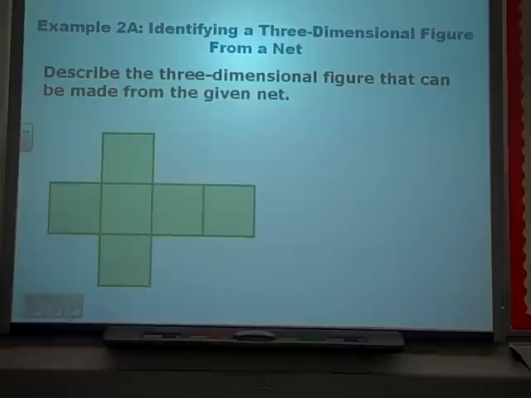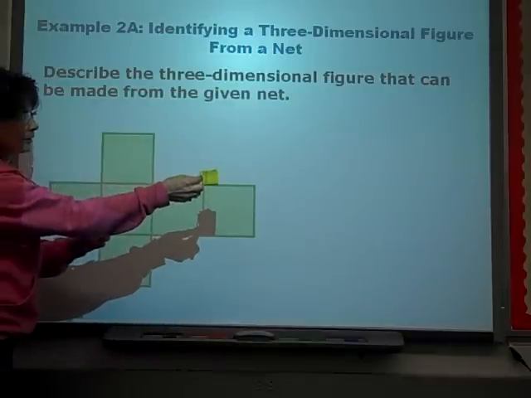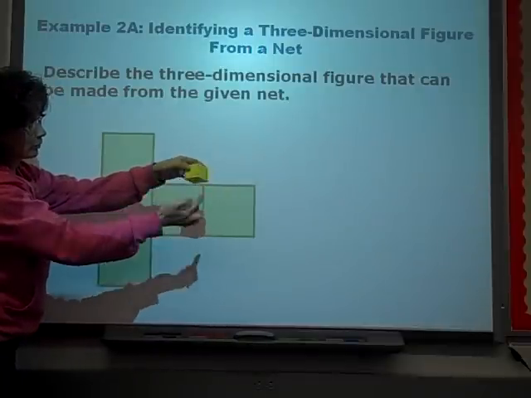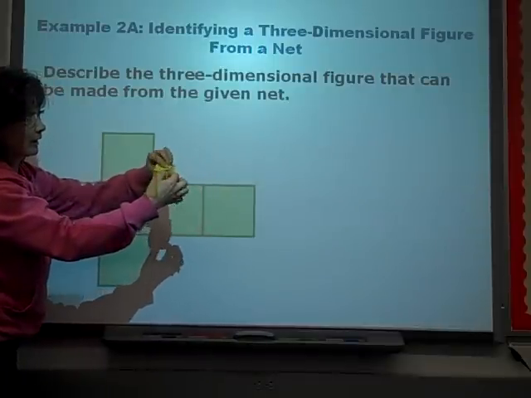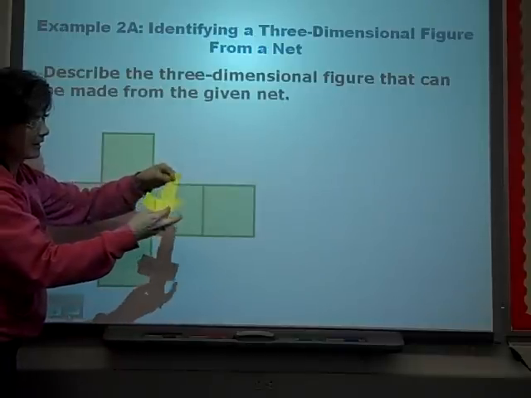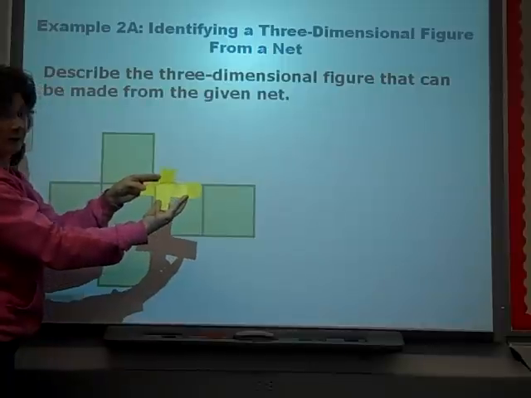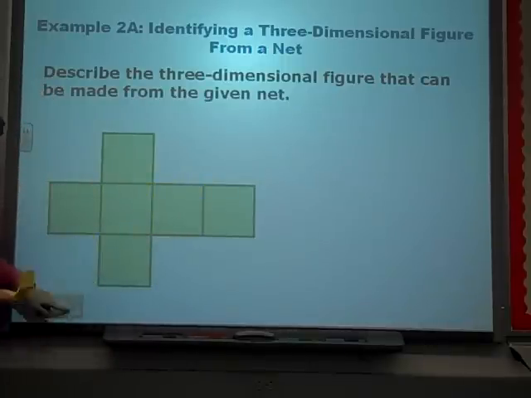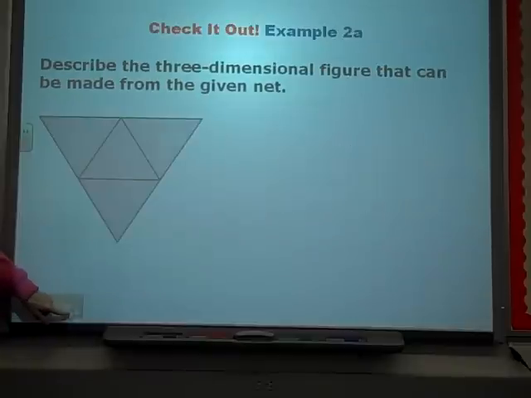What could it be? Well, if you look at this cube, you'll see 2 bases, 1, 2, 3, 4 faces. And if I untape this, you see exactly the same net in a smaller version. So this would be a cube.